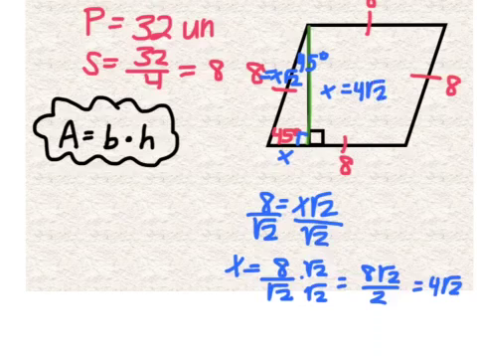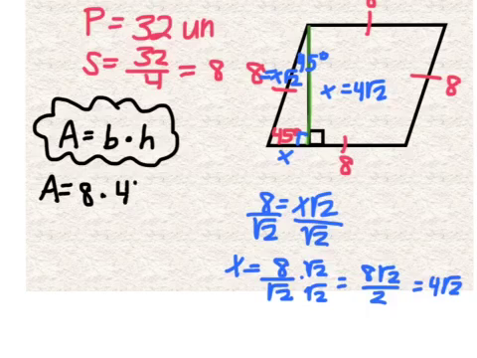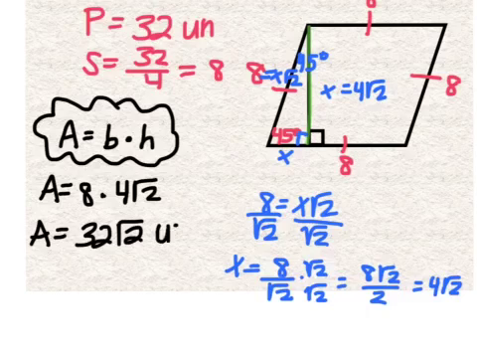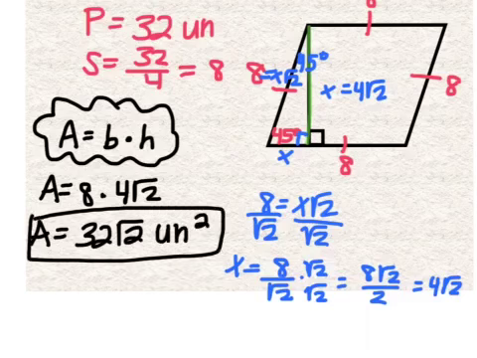Now applying my formula, I've got area equals 8 times 4 root 2, or 32 root 2 units squared. So sometimes you need to kind of weigh which formula is going to work best based on your given information.